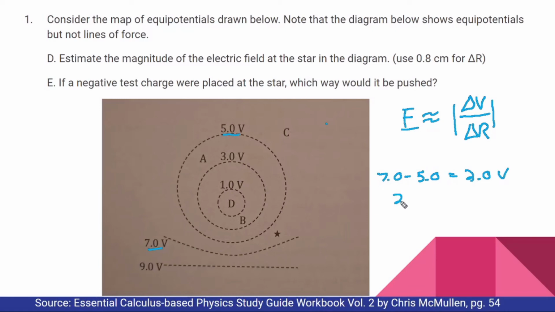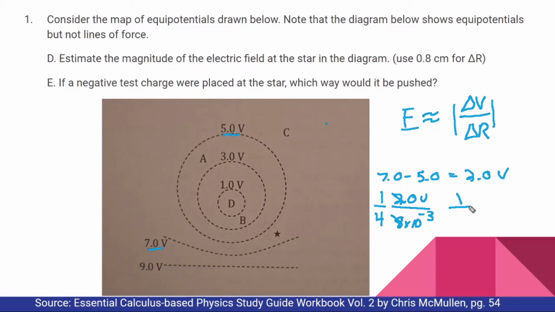And then we have 2.0 volts divided by 0.8 times 10 to the negative 2, because it is centimeters, so we could convert this to 8 times 10 to the negative 3. And then, because the 8 can be divided by 2, we get 1 and 4.